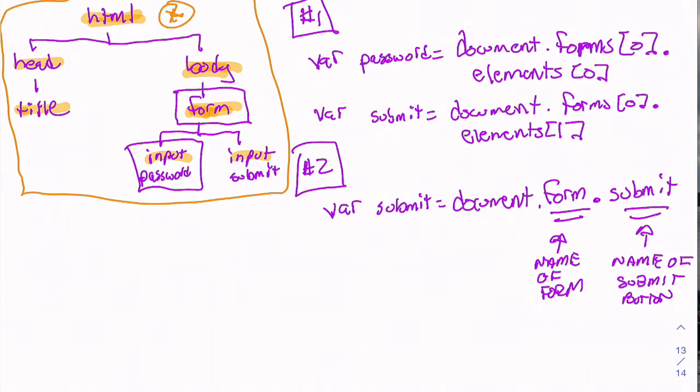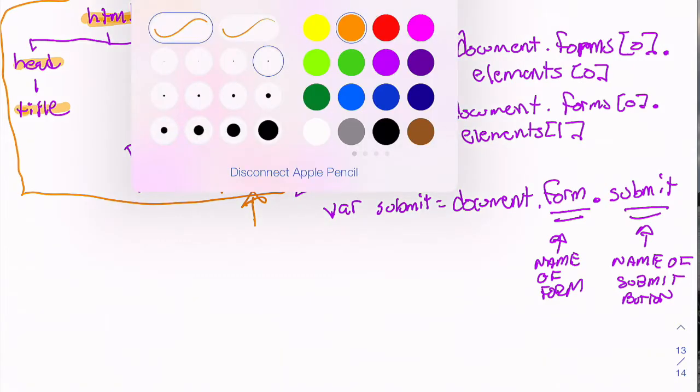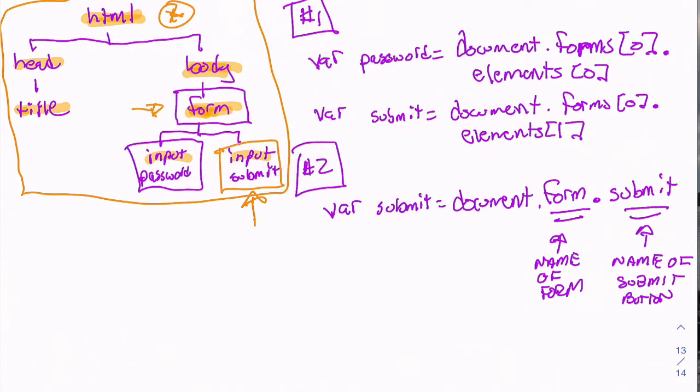If I say document.form, that's going to get me to the form element. And then if I say .submit, that's going to get me to the submit element. So I'm navigating the hierarchy of the document. But you can blow off the hierarchy and go after elements directly, and that's actually more common when you're programming using JavaScript. So you can just specify the name of the element, or the ID of the element.